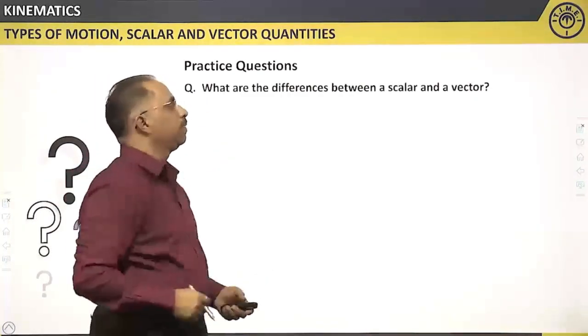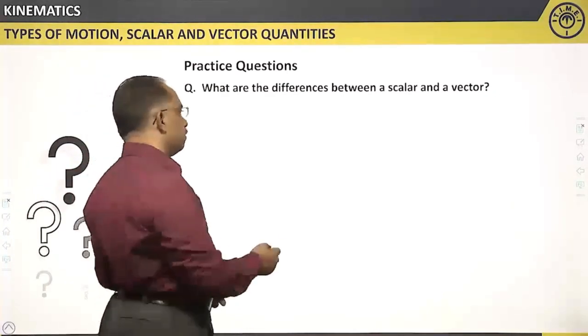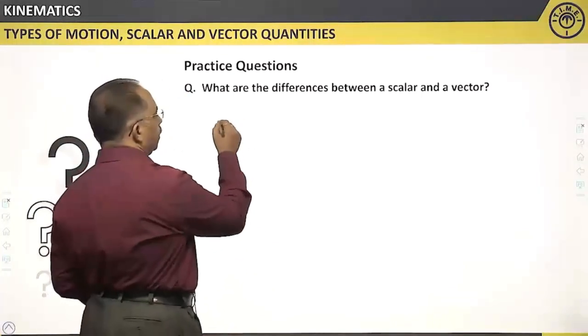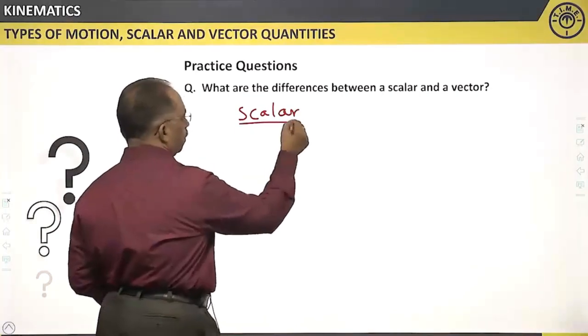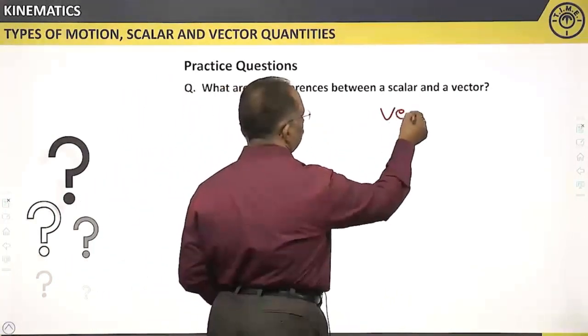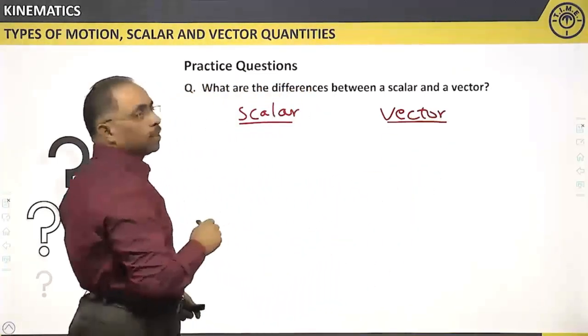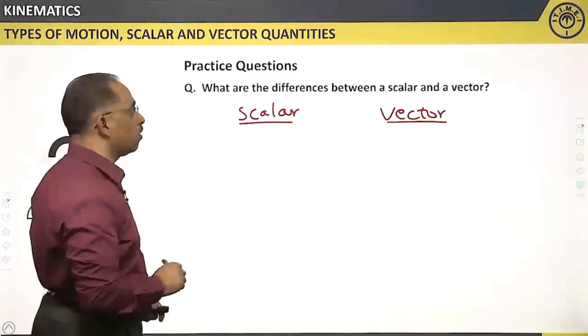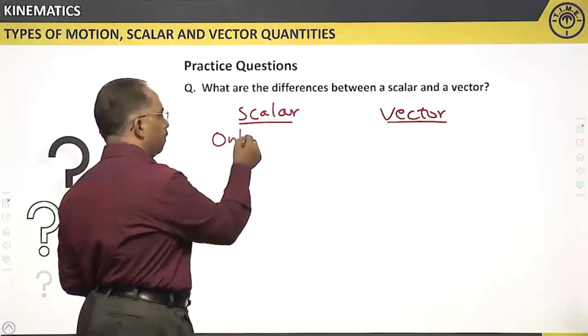What are the differences between a scalar and a vector? Basically, if I write scalar here and vector here, a scalar by definition is a physical quantity which requires only magnitude for its complete description.